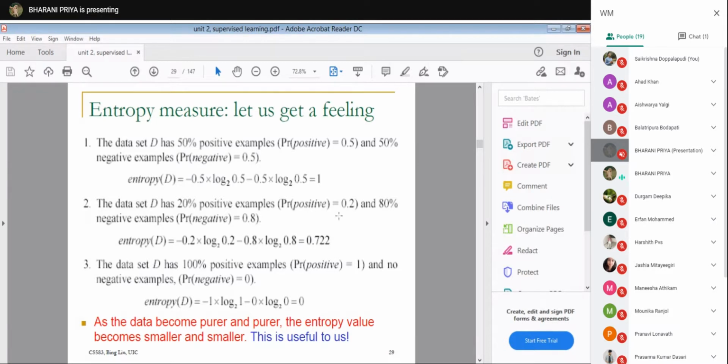And if positive values are 20% and negative values are 80%, then the entropy value is 0.722. If 100% positive examples are there, then the entropy value is 0. That means in the third case, the purity is more. In the first case, impurity is more. So as the data becomes purer and purer, the entropy value becomes smaller and smaller.